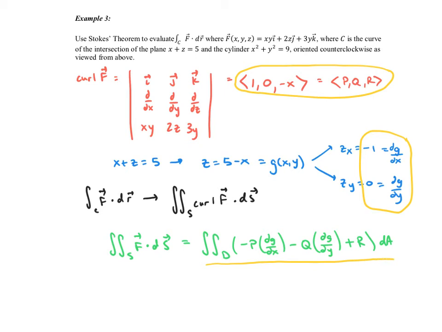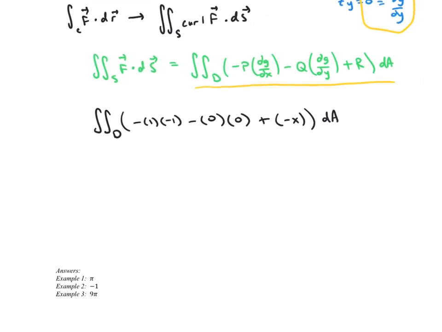Okay, so let's go ahead and try that. So we have the double integral over D of negative P, and P is 1, times dg/dx, which is negative 1, minus Q is 0, and dg/dy is also 0, and then plus R, and R is negative x.